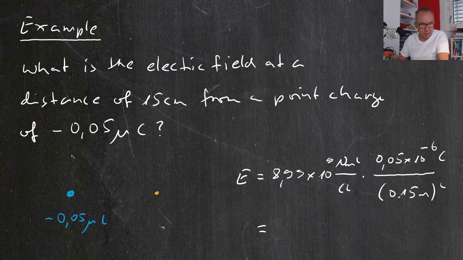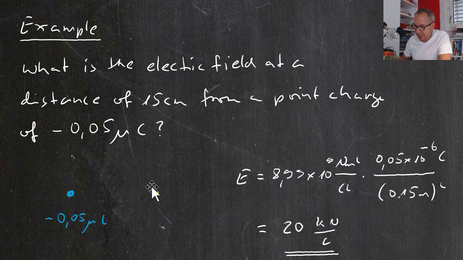This amounts to 19,978 Newton per Coulomb, or we can also say it is 20 kilo Newton per Coulomb, which is the same. I have not written the negative sign, but negative and positive is attracting, so the negative sign basically is just telling us that it is attracting, so the electric field will point to the left.